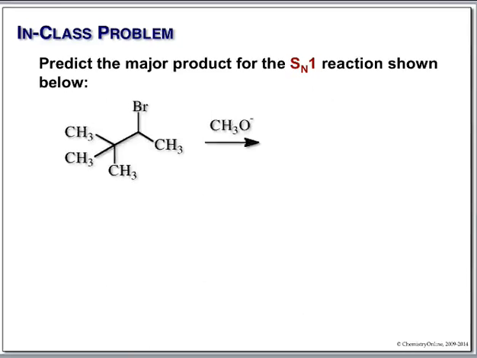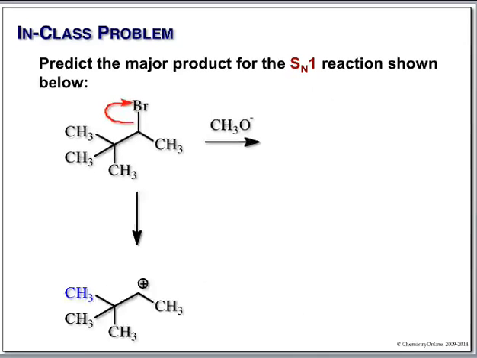Once again, Sn1 reaction. Initially, our bromine is going to leave, and we're going to make a secondary carbocation. However, this guy is sitting here next to a quaternary carbon, something with 4 things on it.